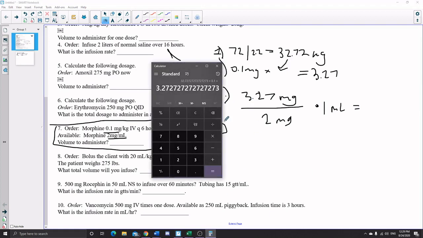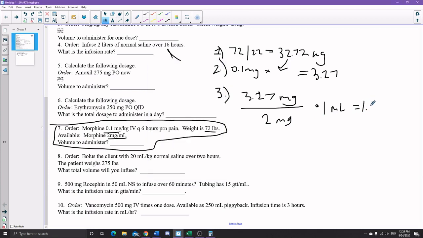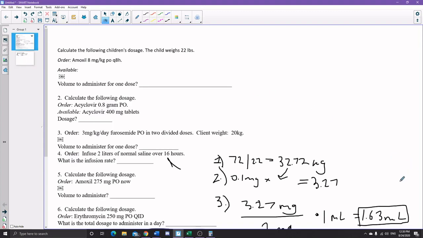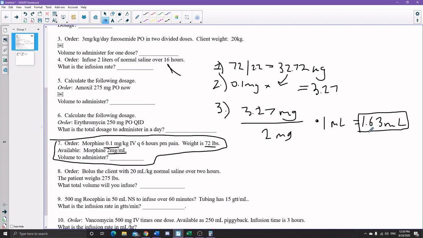So 3.27 divided by 2 times 1, which does nothing. 1.63 milliliters. Okay? But what is wrong with this answer here? Like we said here, if it's more than 1, it has to be to the nearest 10th, not the 100th. So that means this should be 1.6 milliliters. Okay?